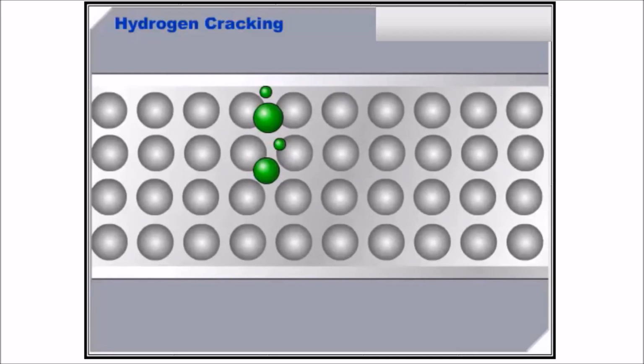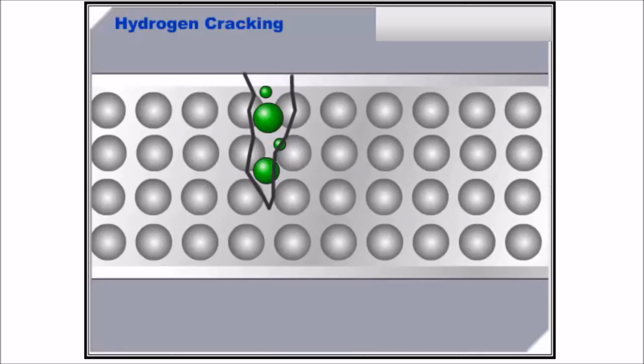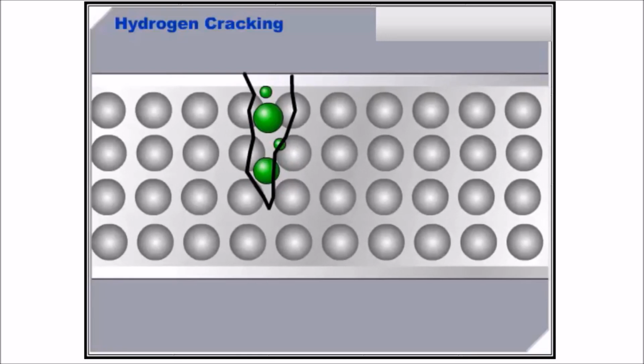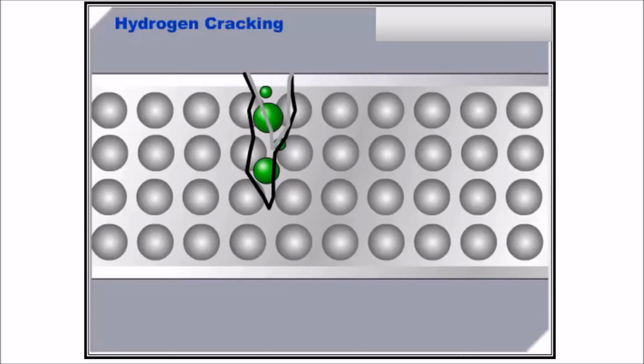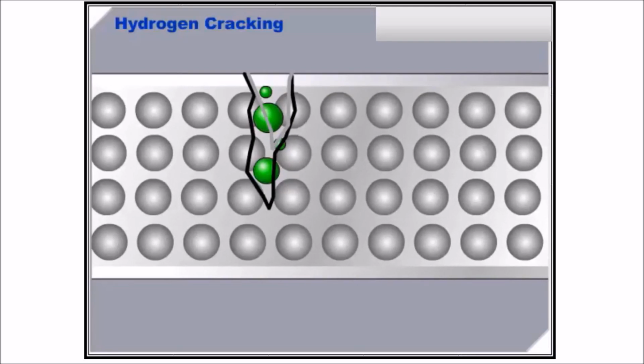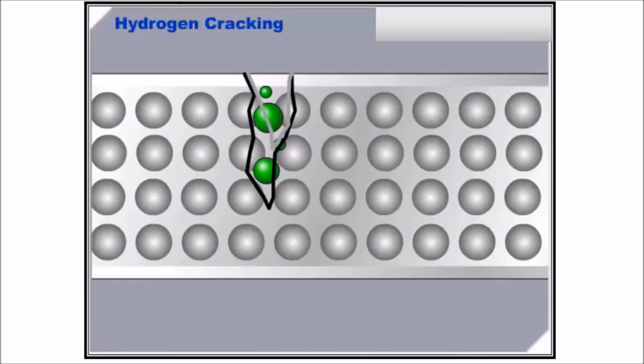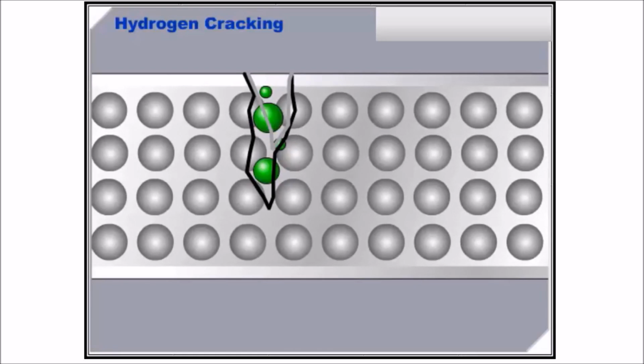The larger molecules often become trapped in the metal at discontinuities, such as grain boundaries or inclusions. These hydrogen molecules, because of their larger size, can cause high stresses in the internal structure of the metal, and for metals of low ductility, can cause cracking. Hydrogen cracking is often referred to as underbead or delayed cracking.